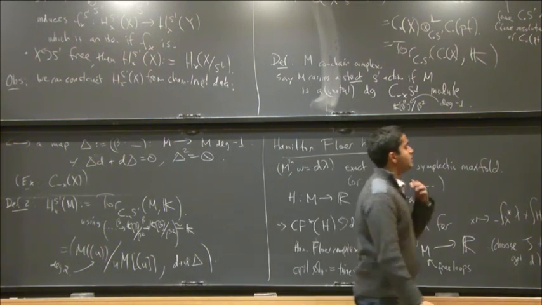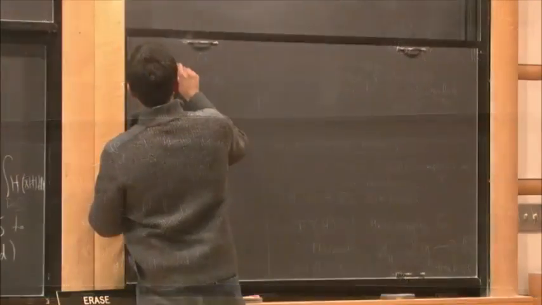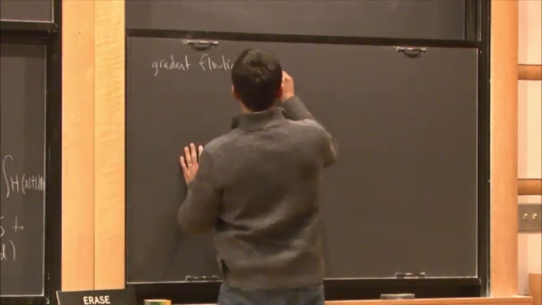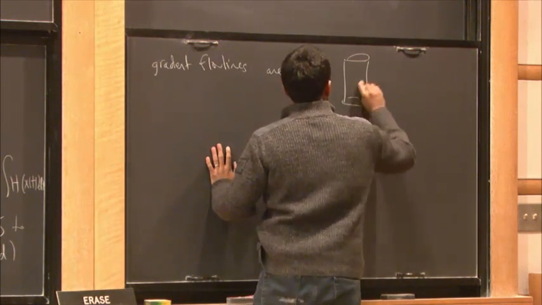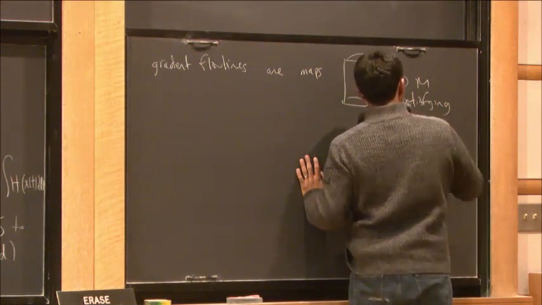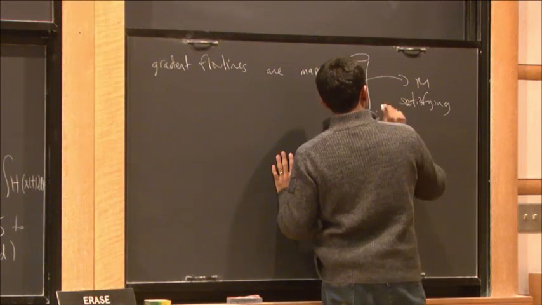OK. Just reviewing what this complex is. And finally, gradient flow lines in the loop space are equivalently maps from cylinders into M, satisfying the gradient flow equation.